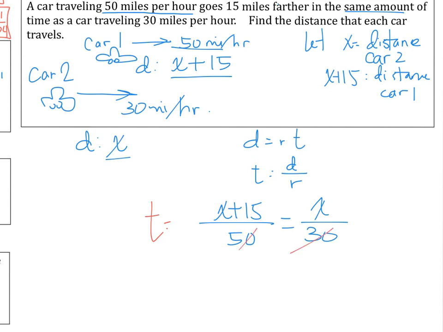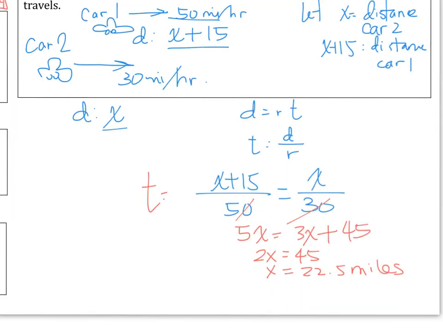Okay, and now I can solve the proportion. And then cross multiply. 5x equals 3x plus 45. And then 2x would equal 45. And then we have x equal to 22.5 miles. And this would be for car 2.